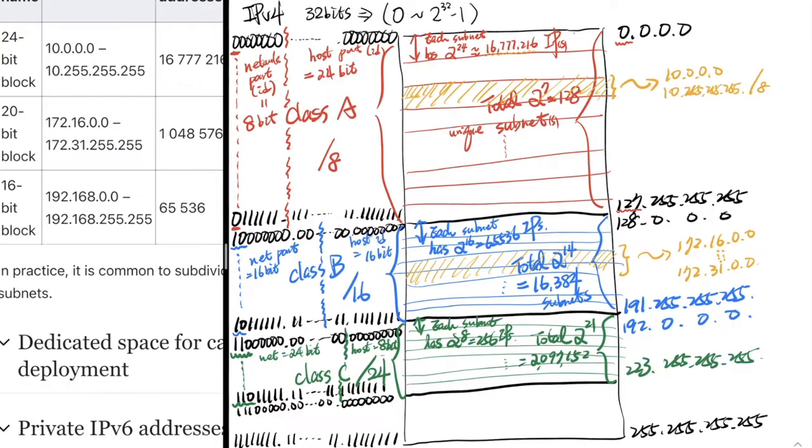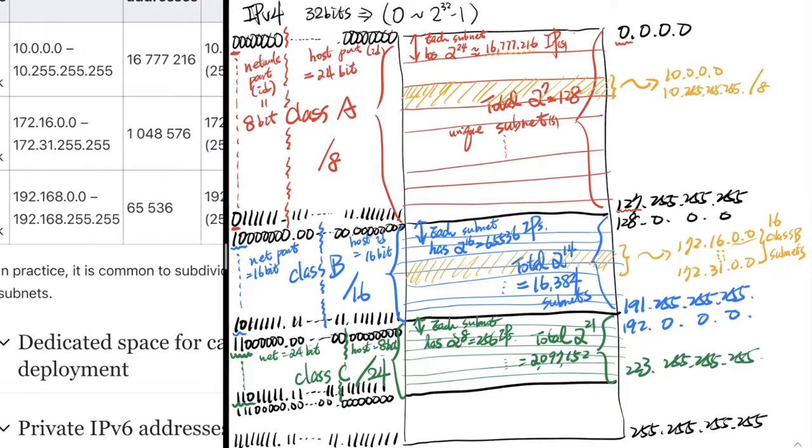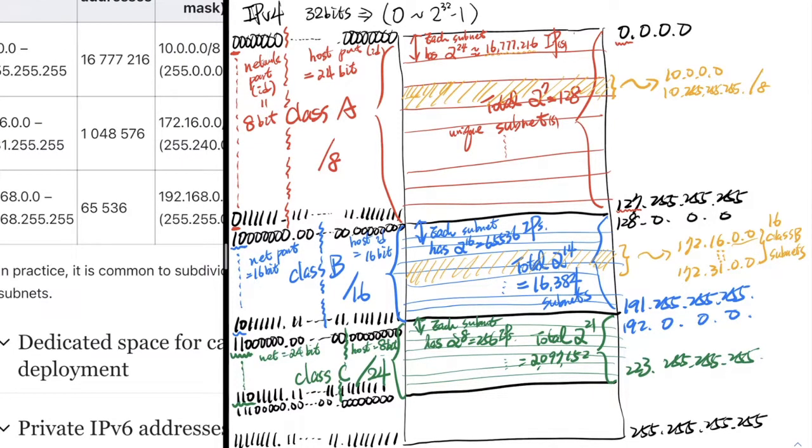The first one is 172.16. In this case we have about 65,000 IP addresses in this Class B. Right here we have 16 Class B subnets, so the addresses in this area total about 1 million.